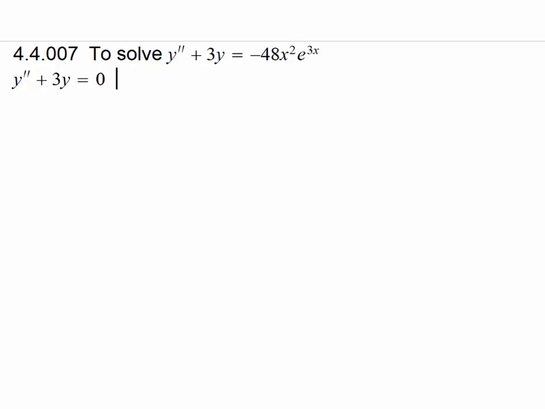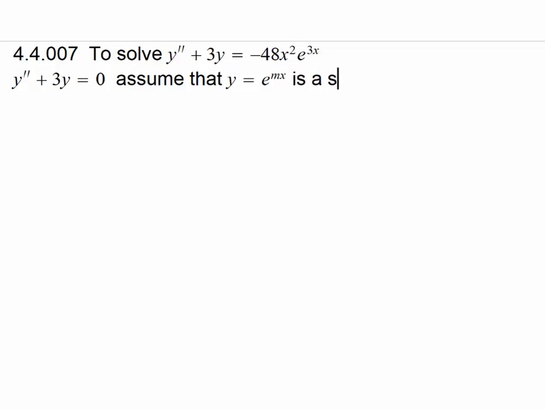So first let's assume that y equals e to the power mx, where m is a constant, is a solution.